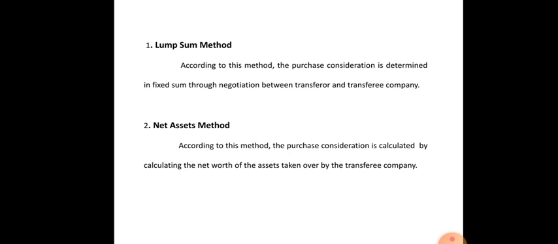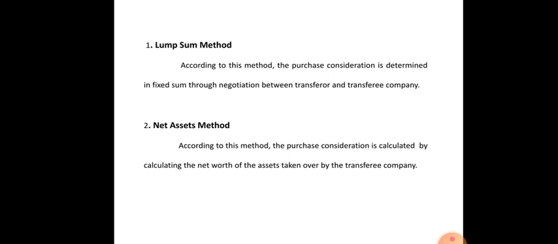For example, suppose A Limited and B Limited are there, and A Limited agreed to take over the business of B Limited for rupees 50 lakhs. It means A wants to pay B a lump sum amount of rupees 50 lakhs. So this is the lump sum method of the purchase consideration.